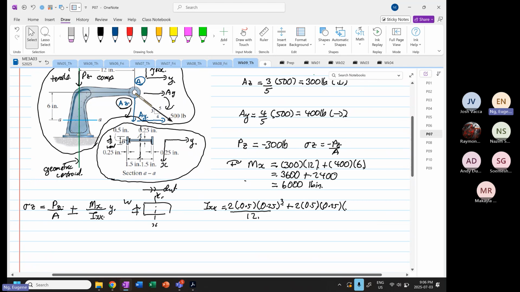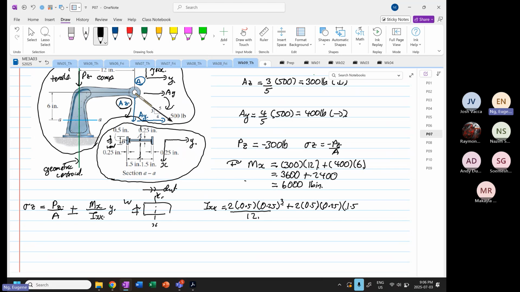Then the distance is equal to what? So 1.5 minus 0.25, divided by 2, squared. So the rotation axis is the x-axis. Then I have to do the plus.